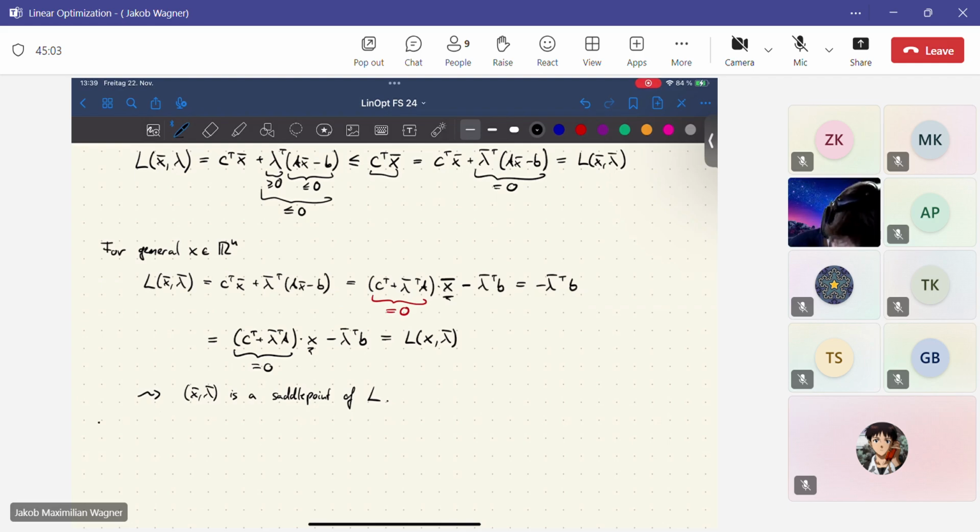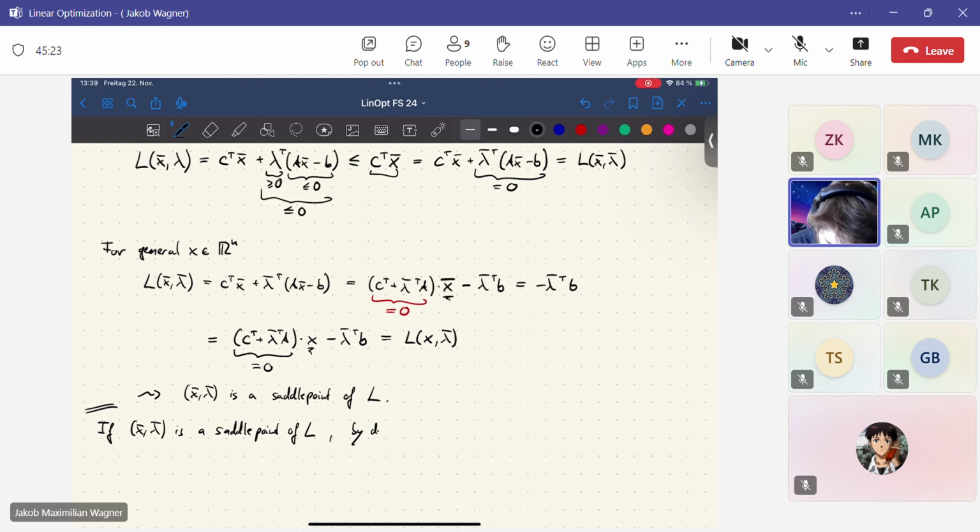So if x bar and lambda bar is a saddle point, so we do a cut here. Now say the other direction, we assume that we have a saddle point.